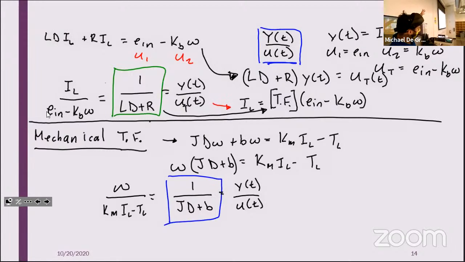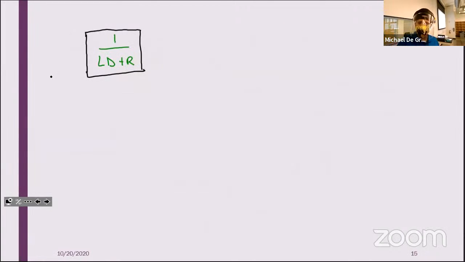So how do I get those two signals to be E n minus K b omega? Well, I've got to put a summing junction, because I have some inputs in here: E n and K b omega. What does that give me out? I sub L.